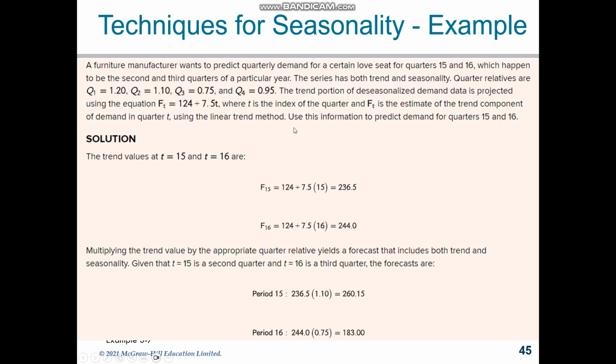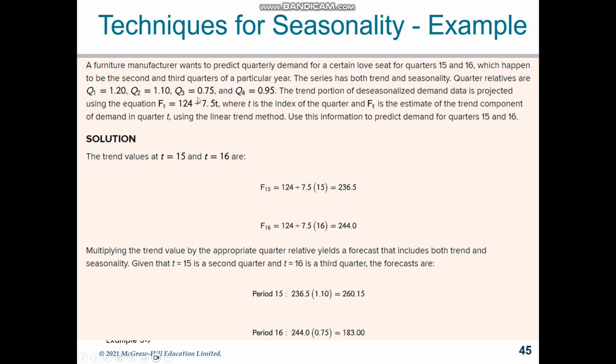So we need to use this information to predict demand for quarters 15 and 16. Quarters 15 and 16 are the second and third quarters, so we need to use Q2 and Q3 as the seasonal factors for these two quarters.